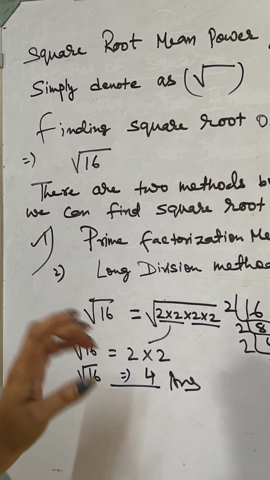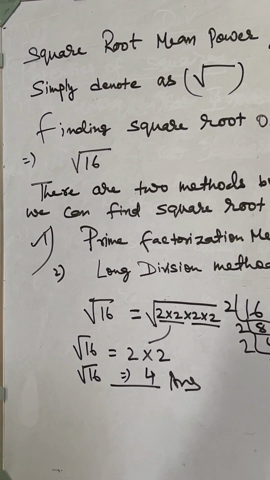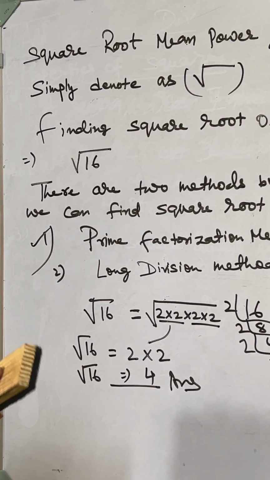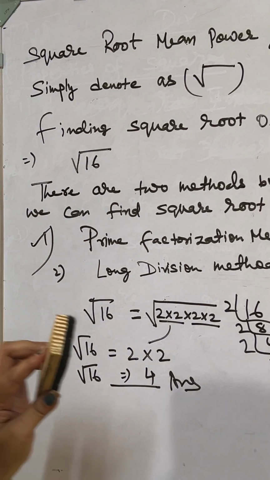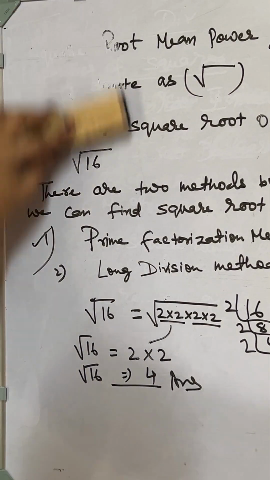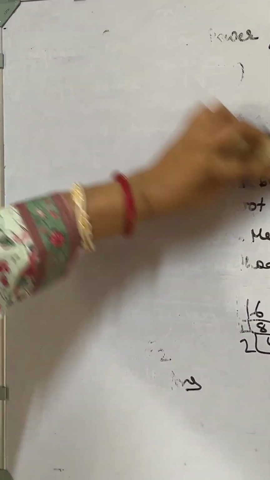Now, if you need to find it by the long division method, then also we can find it. For the long division method, we will take some other, bigger number, by which your concept will be clear. So let's understand how to find the square root by the long division method.